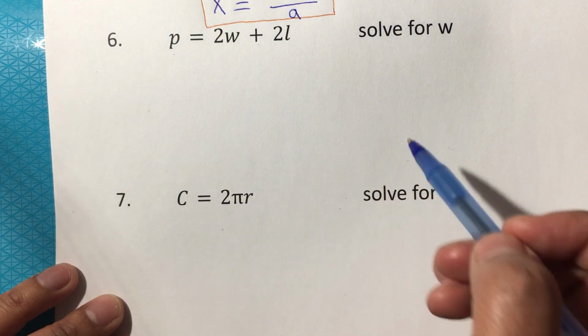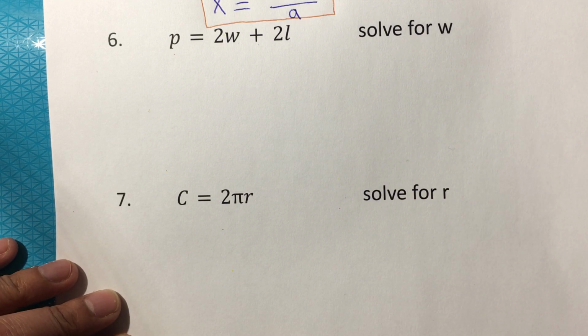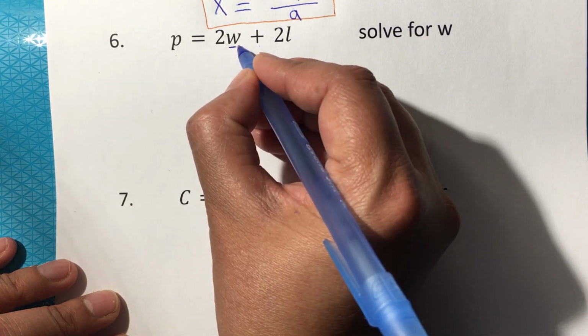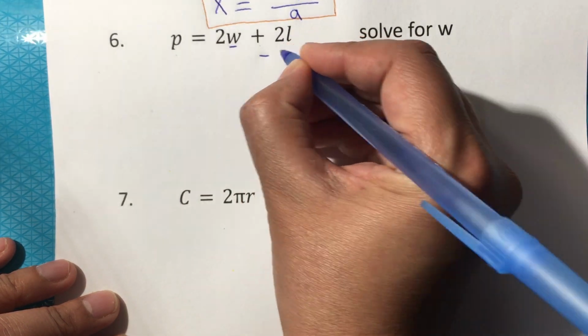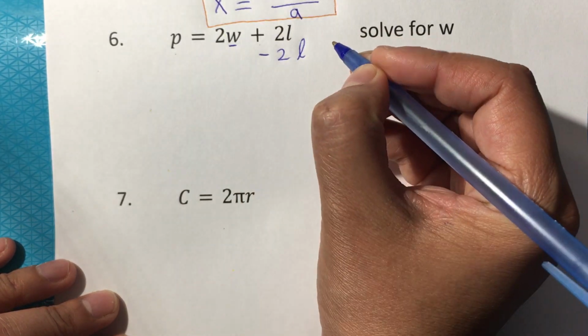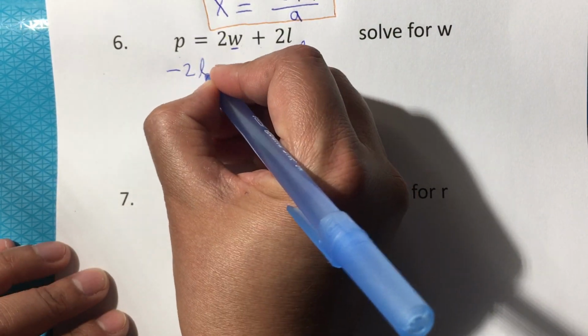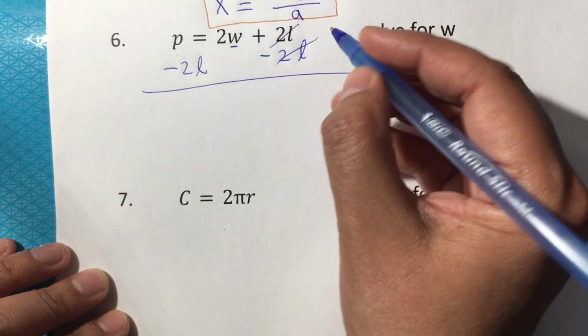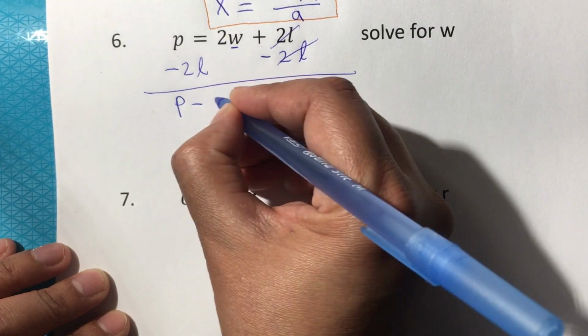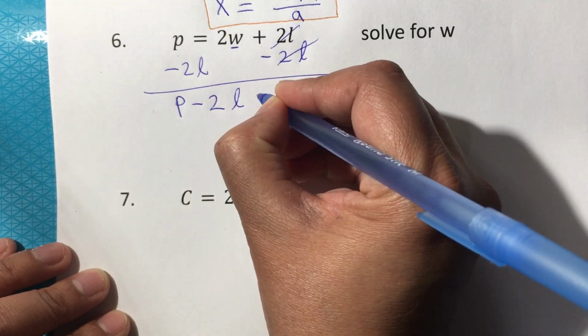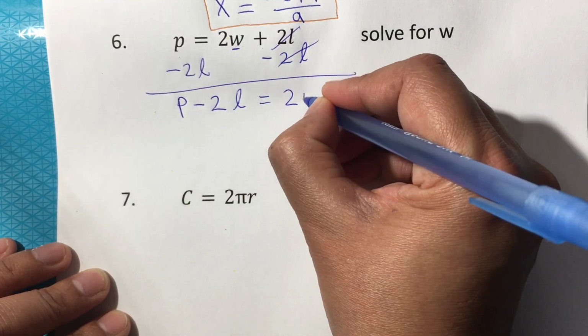This is what they want us to do: come up with a formula that will help us find the width. Again, we want to solve for w, so the first thing we need to do is get rid of 2l. If we subtract on one side, we have to subtract on the other. So perimeter minus 2 lengths equals 2 widths.